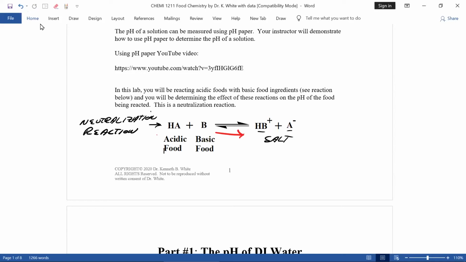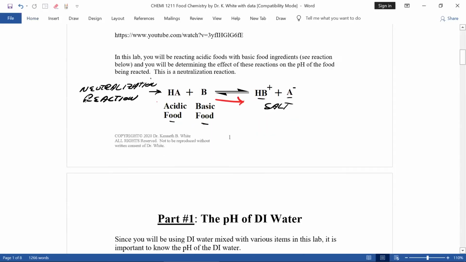And why do we call it a neutralization reaction? Because by reacting the acidic and basic chemicals together, you get the pH close to 7, neutral pH, a neutral solution. And this is what you'll be investigating today.